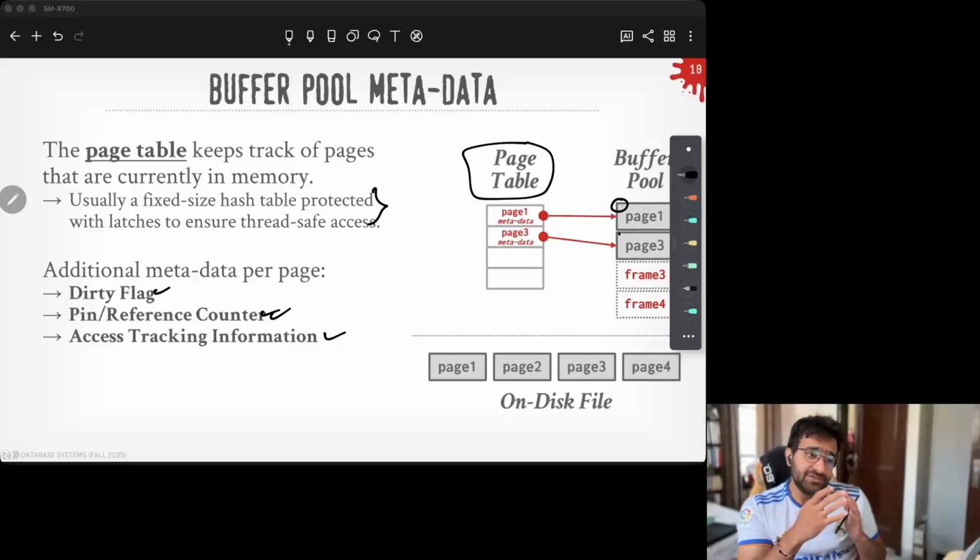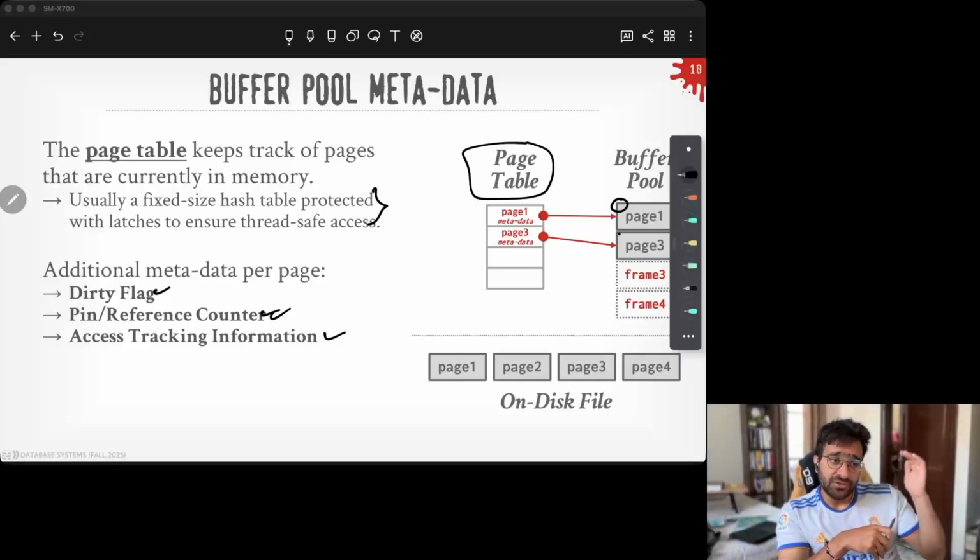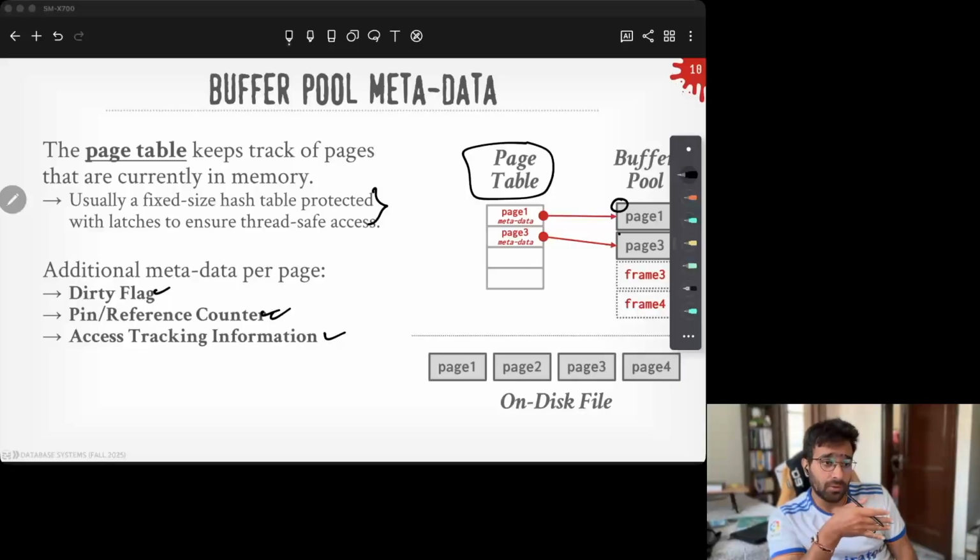A lock is just a protection mechanism to protect structures on a higher level, like tuples, columns, rows. But latches are just for physical data structures where raw bytes are written out. We'll discuss what locks and latches are later, and I hope I have a better explanation at that time.